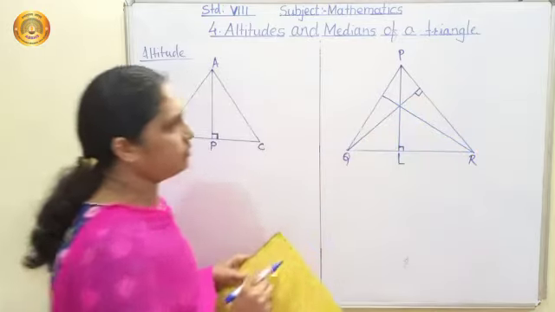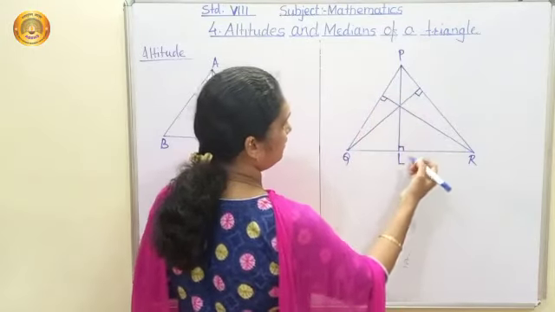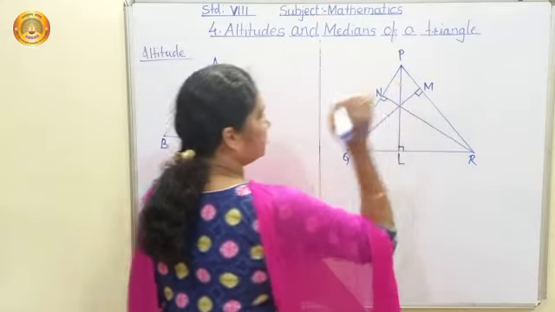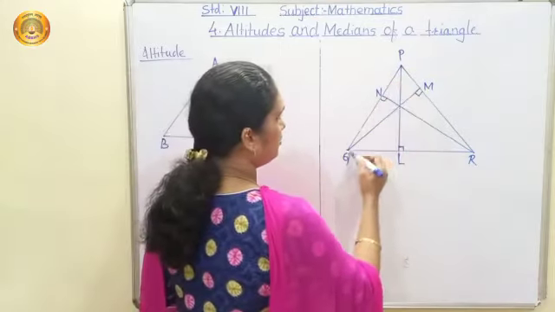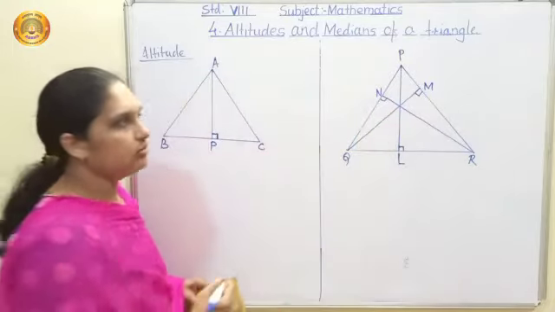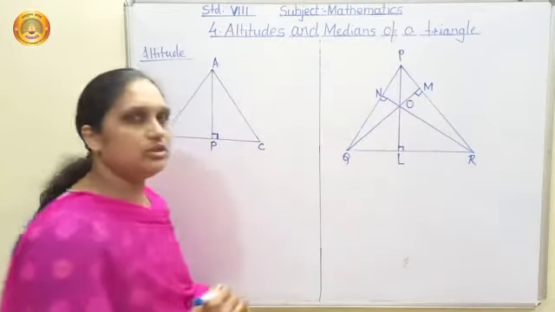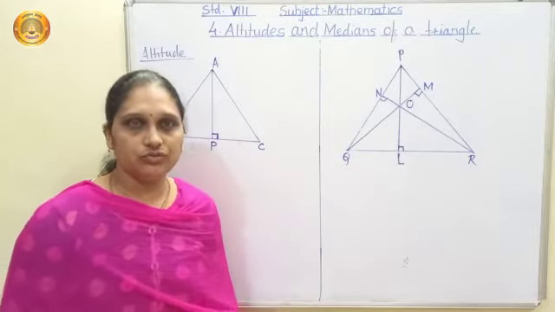If you join it, you will find that this is the third altitude. I'll give the names L, here M and here N. So if you observe all the three altitudes, that is PL, QM, RN, all the three altitudes are concurrent. So here I'll give the point O. So this way you have to draw your altitude, construction of altitude.